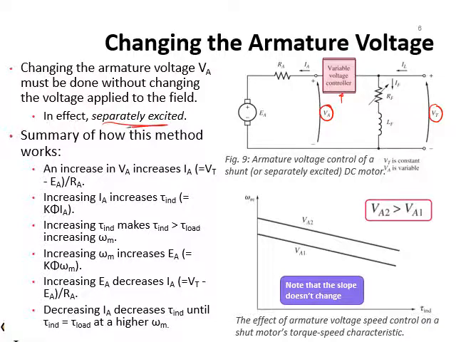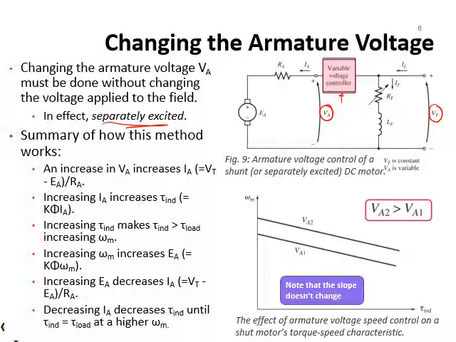And in effect, what we have now is similar to a separately excited DC motor. If you remember, with the separately excited DC motors, we have an external voltage source that will allow us to have a separate supply for the armature circuit.